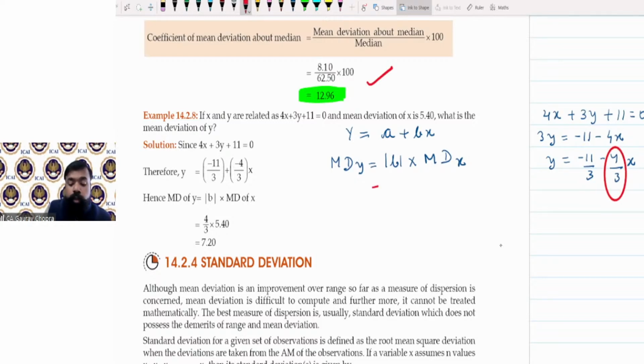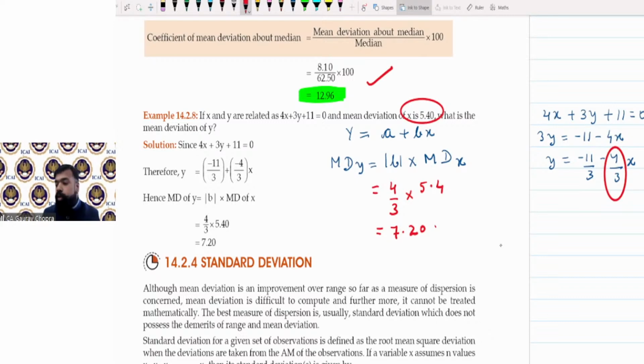So we have to use 4 upon 3. 4 upon 3 multiplied by mean deviation of x. So what is mean deviation of x? It is given in the question, 5.4. So we can multiply with 5.4. Answer is 7.20. This is mean deviation of y.